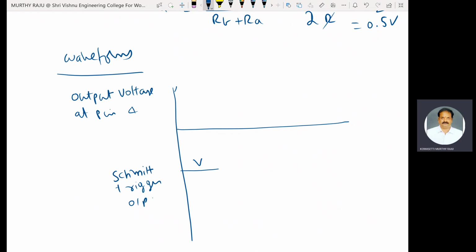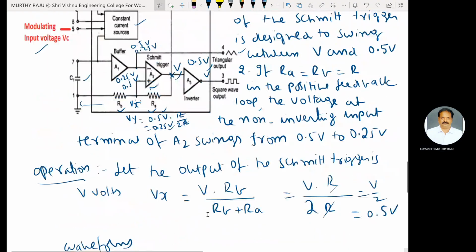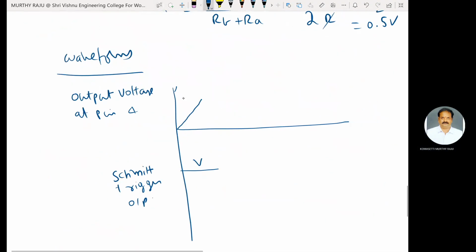The capacitor is charged to 0.5 volts. Why? Because here Vx is equal to 0.5 volts. Therefore, the capacitor voltage reaches 0.5 volts.